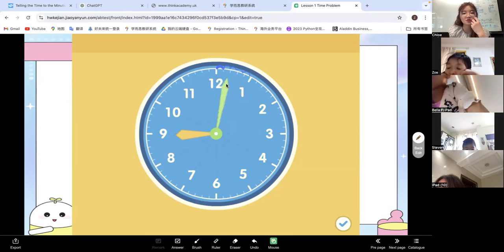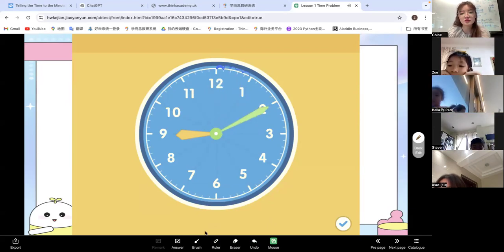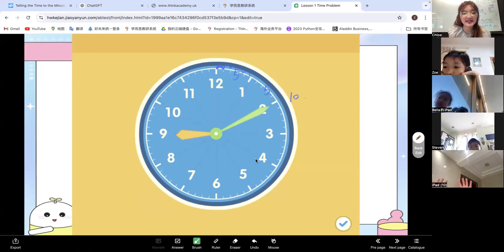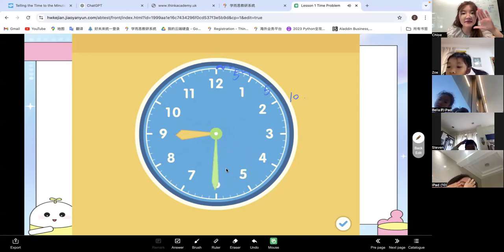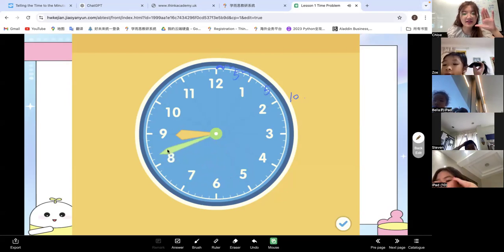And now if it continues to travel from 12 to 2, then we have 5, another 5 is 10 minutes. And then if we continue to travel, then we have 15 minutes. Help me. 20 minutes. 25 minutes. 30 minutes. Tell me. 35 minutes. 40 minutes. 45.